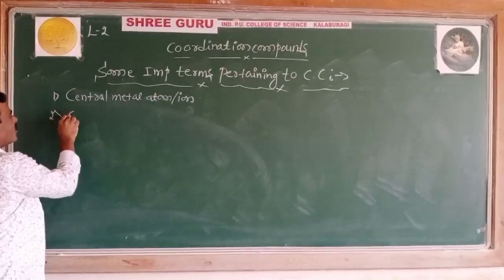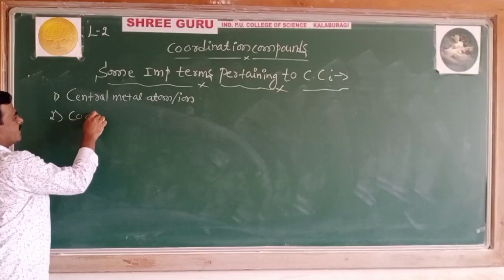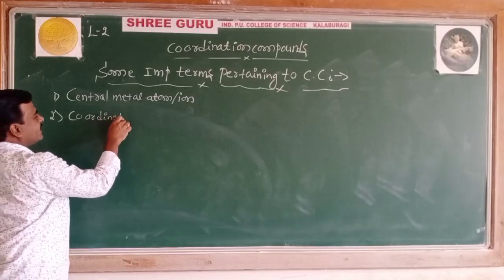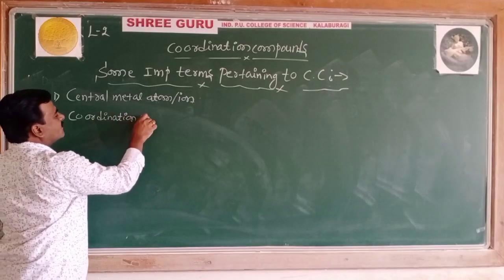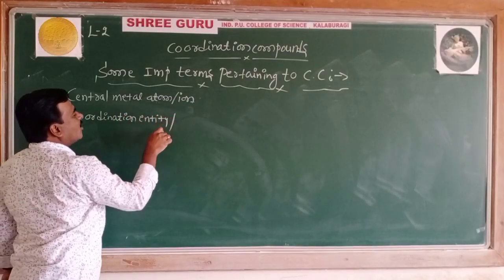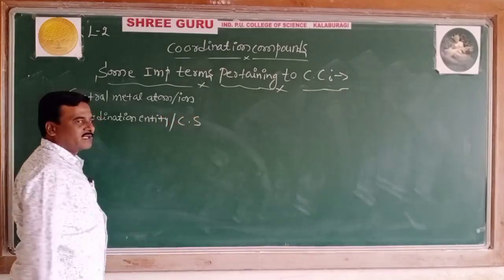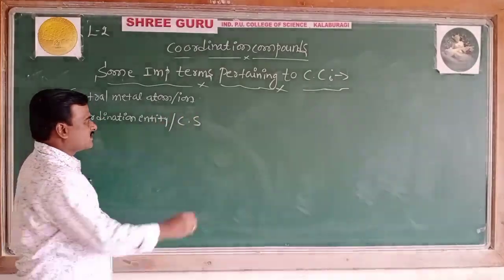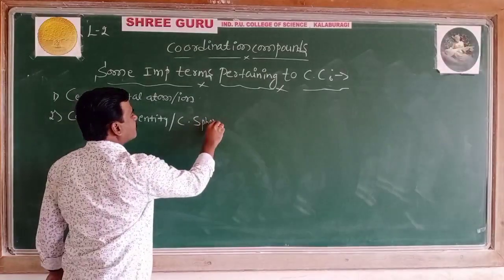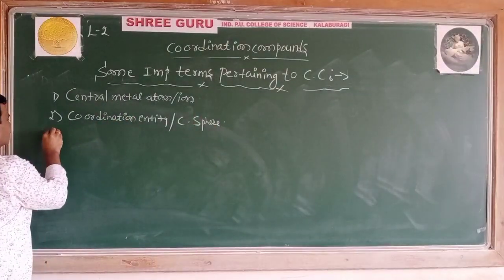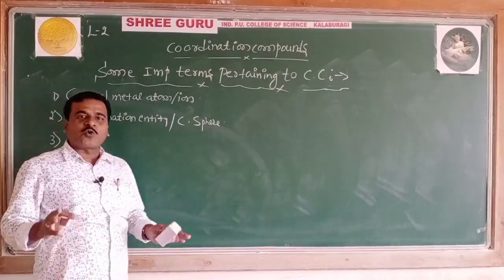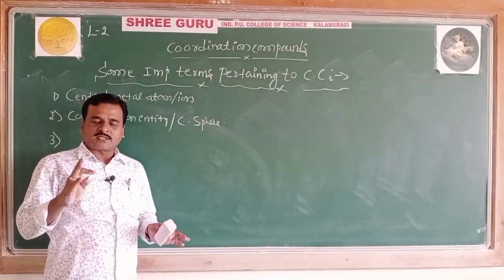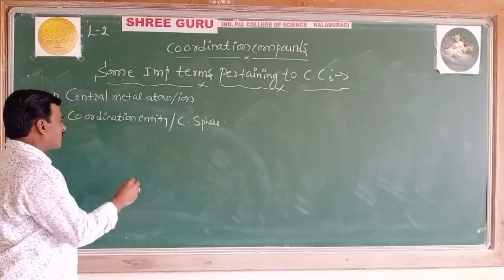Second is the coordination entity or coordination sphere. Third one is the coordination polyhedron.